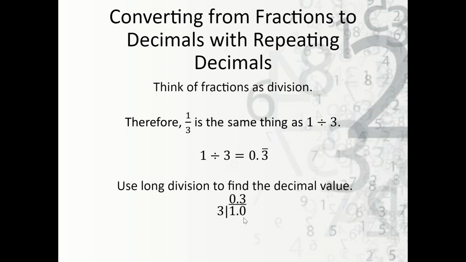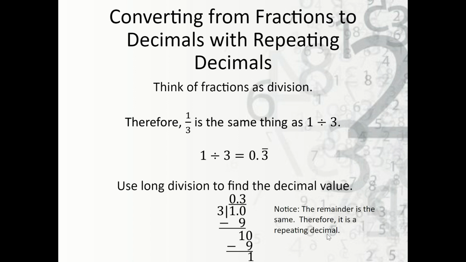Then 3 times 3 is 9, which leaves 1 as my remainder. 3 doesn't go into 1, so I bring down another 0. 3 goes into 10 3 times, which gives me 9 again, and then 1 remainder. I notice that I keep getting 1 as a remainder, so it just keeps repeating itself. So I just keep putting 3, 3, 3, 3. Therefore, I notice that the remainder is always the same, so it's a repeating decimal, and it becomes 0.3 repeating.